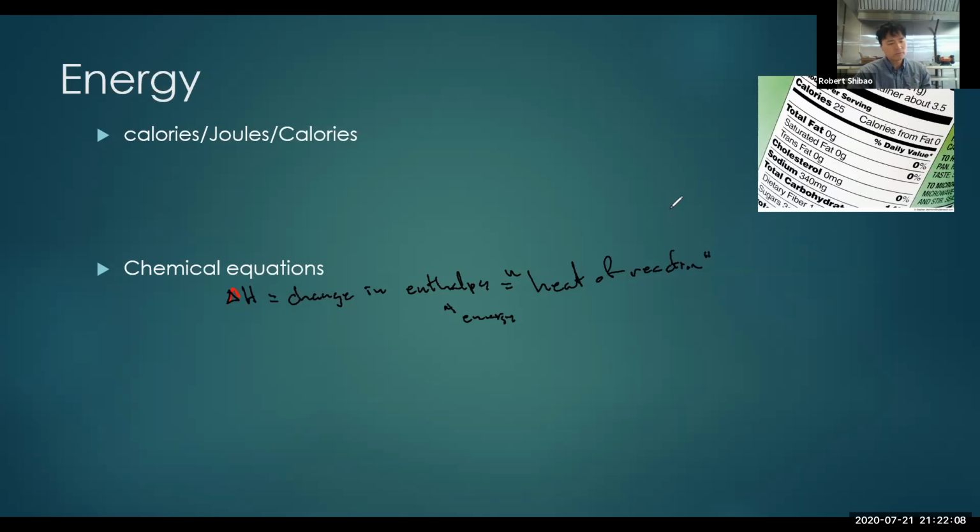Oftentimes when we burn methane, we just use that to heat things up. But you don't have to convert it all into heat. You can use some of that energy to do work. If you do work, you're going to get less heat, because if you remember, the energy is going to equal the amount of heat you get plus the amount of work you do.